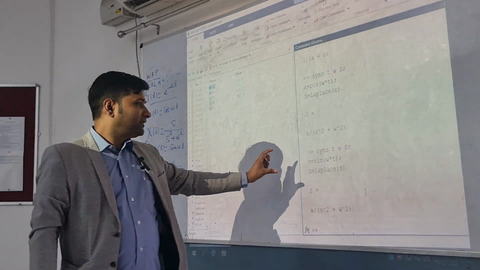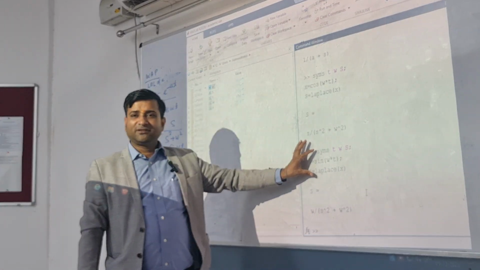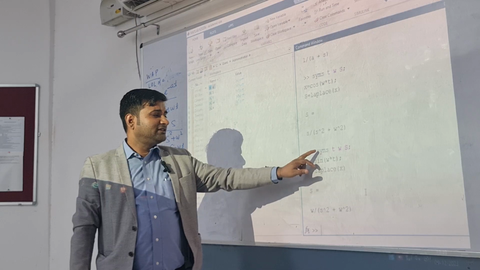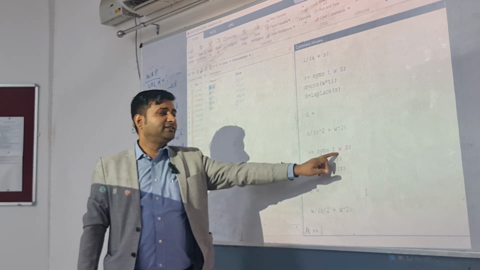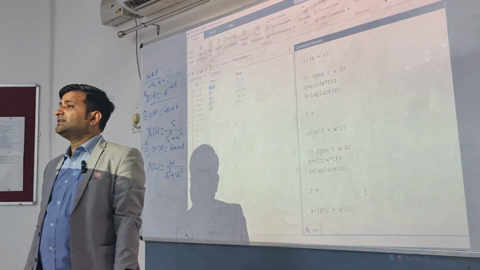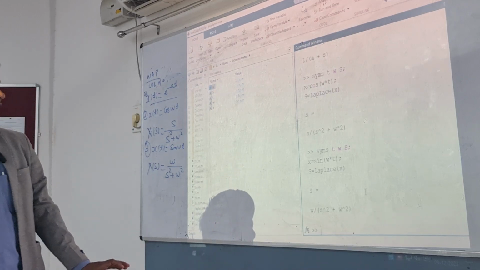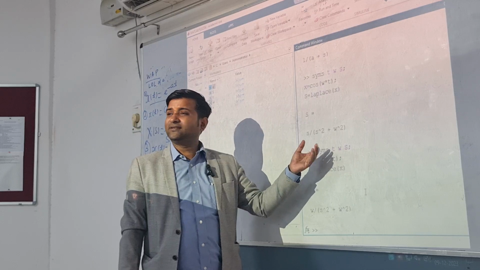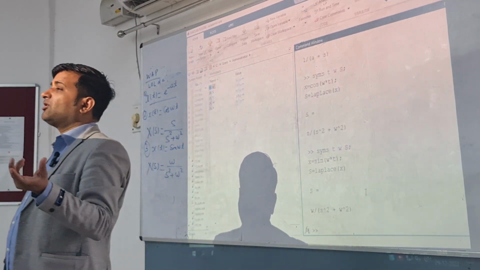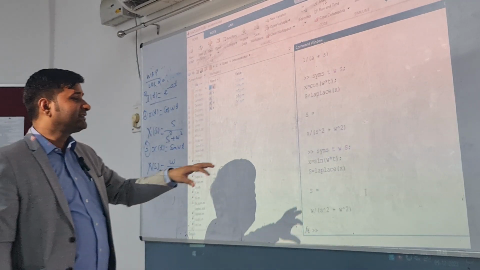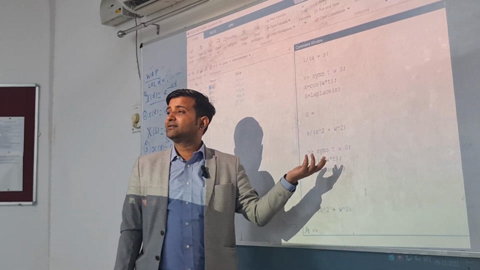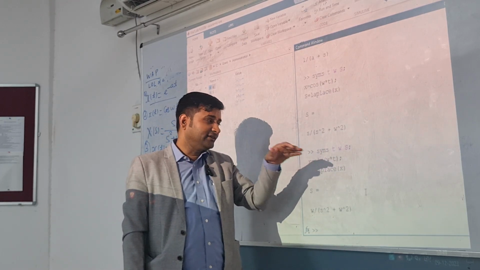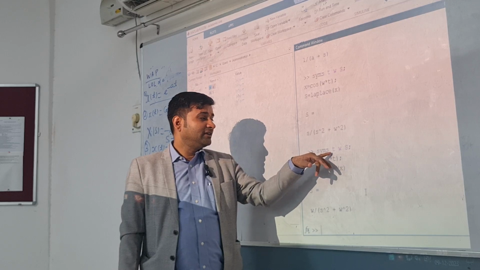Here there are two steps. Generally there are three steps. One is denoting the syntax, defining the variables with sym, which is the symbolic function toolbox. The symbols used in this function are declared at the top of the line.